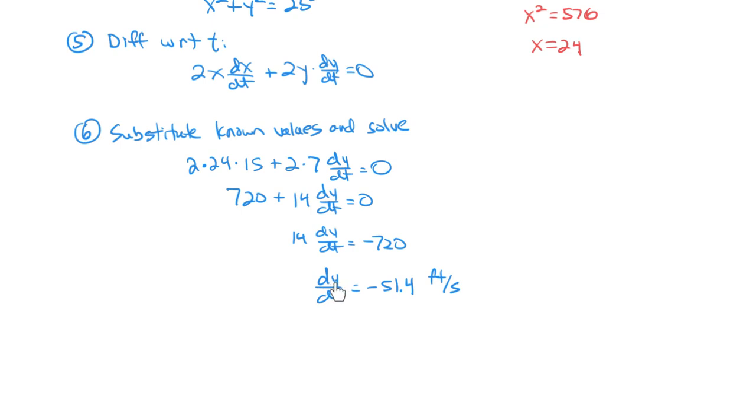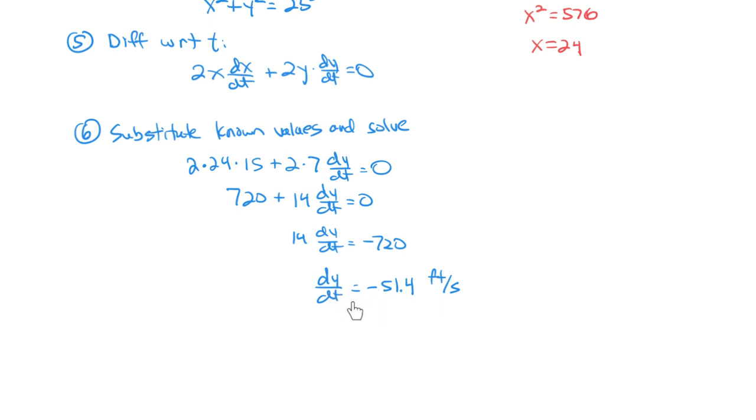That distance, y, is getting smaller because the ladder is falling. So the negative here means that the ladder is sliding down the wall, right? Because y is getting smaller. So the ladder is sliding down the wall at 51.4 feet per second. So when you're answering the questions, if you write out the answer like this, I keep the negative here, right?